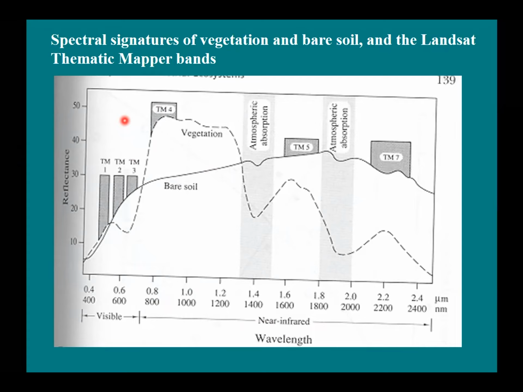These are the Landsat thematic mapper bands. And you can see that from a vegetation perspective, the big difference in the spectral signature of vegetation and the spectral signature of bare soil occurs in largely two areas of the spectrum.